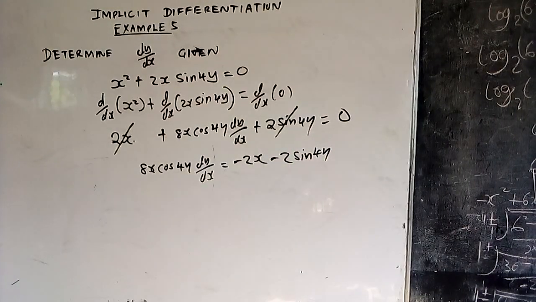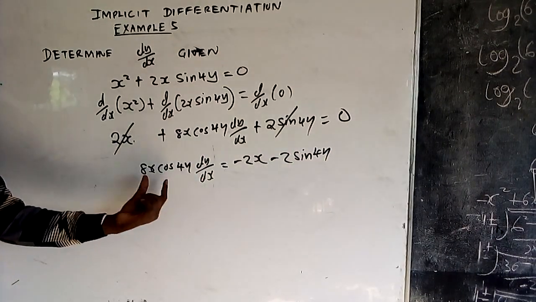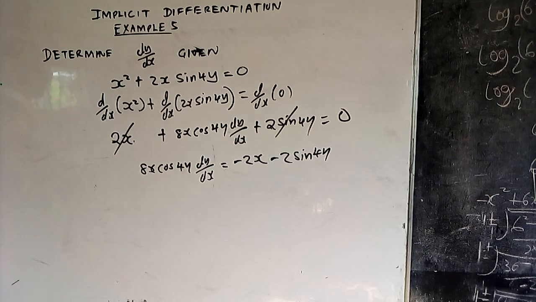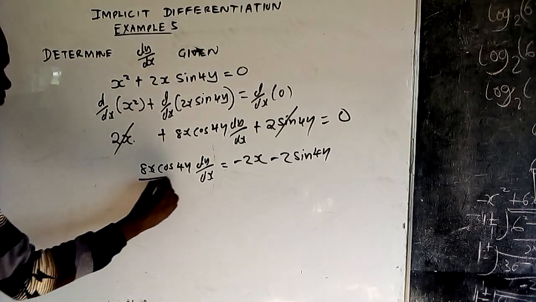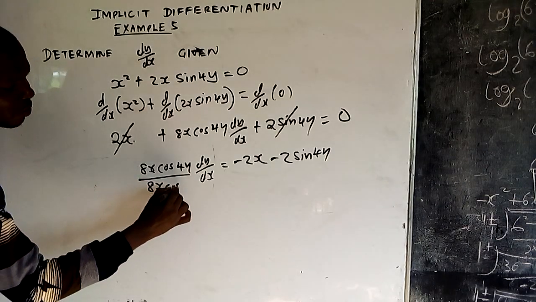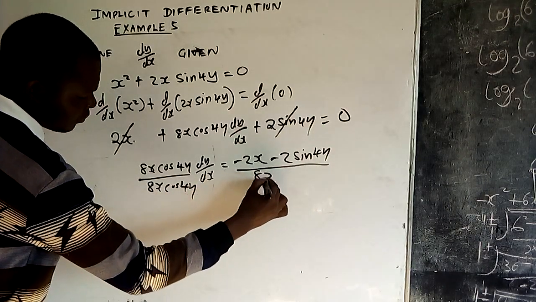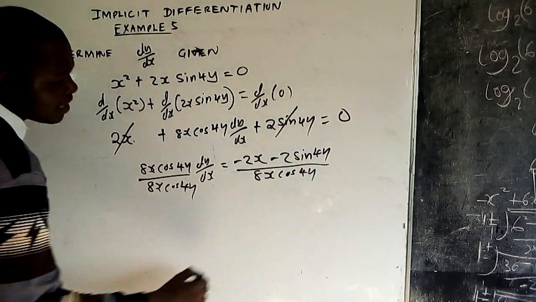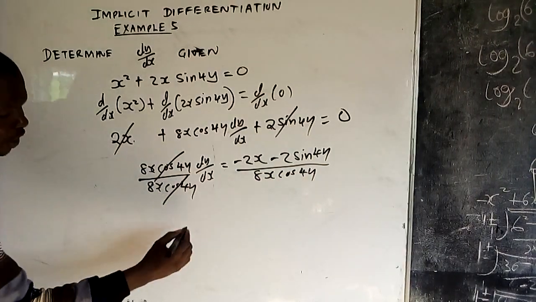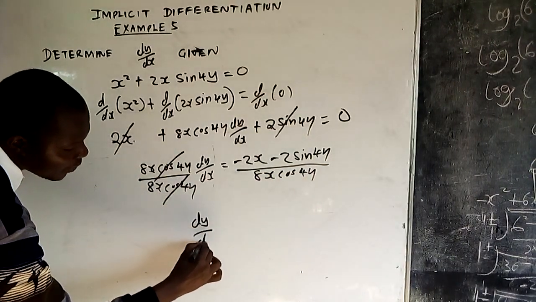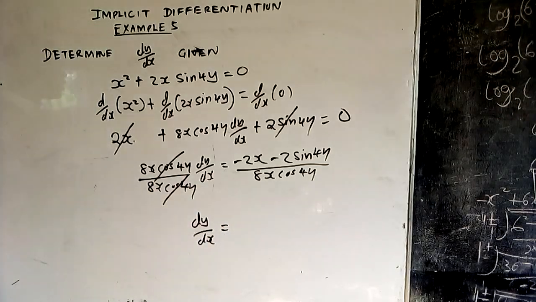Are we together? What do we want? We want dy over dx, meaning we get rid of this coefficient. We divide both sides of the equation by 8x cos 4y. So that goes with that, and you remain with dy over dx.